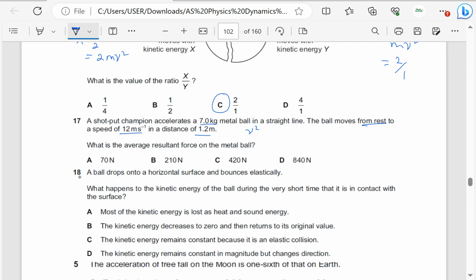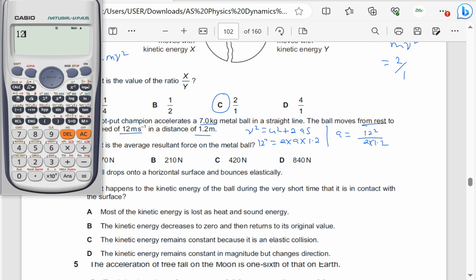From v squared equals u squared plus 2as. The ball moves from rest. So we have that v squared, 12 squared, equals 0 squared plus 2 times the acceleration times 1.2 meters. So what is a? a is going to be equal to 12 squared divided by 2 times 1.2, that is 60.